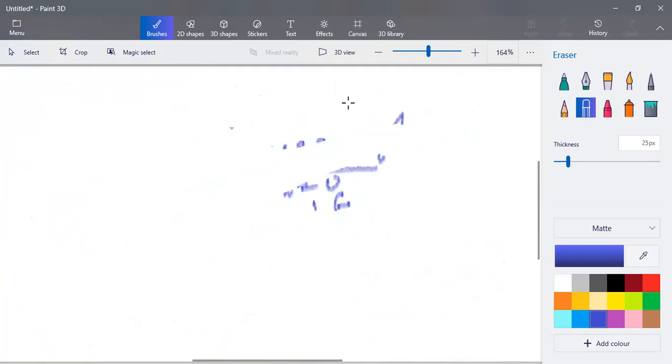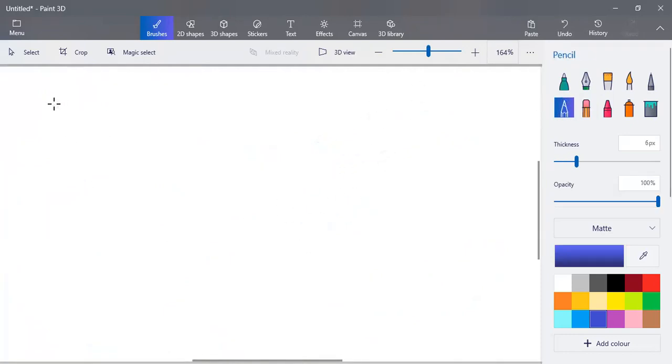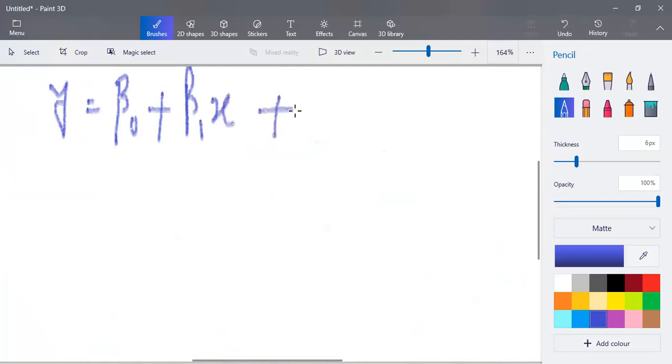I'm writing again. The equation is given as y is equal to beta 0 plus beta 1 x plus epsilon, where y is basically the target value, or we can say target variable.